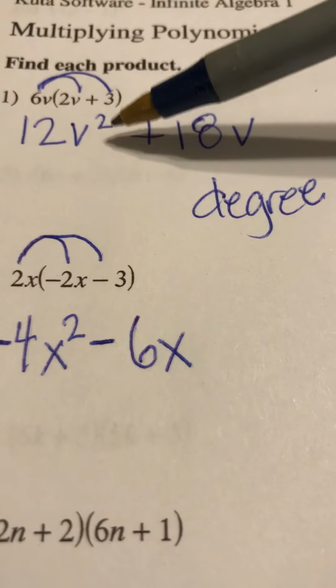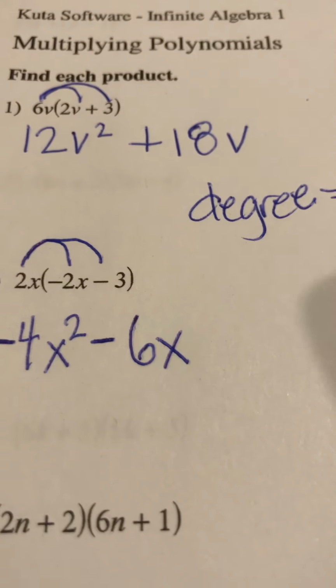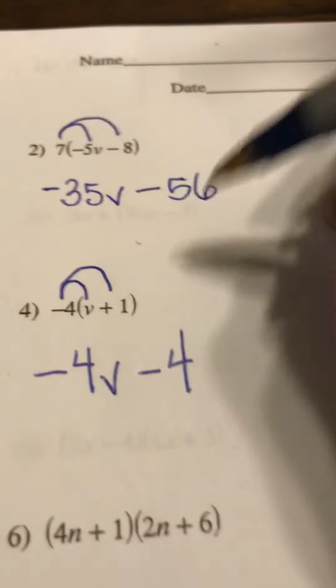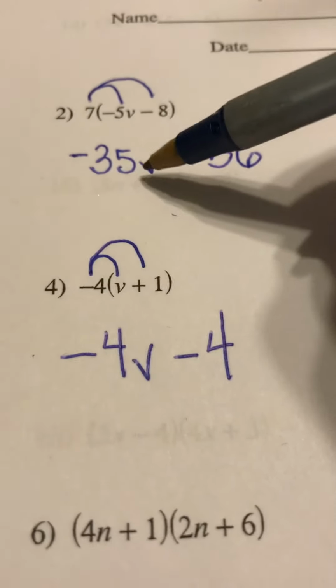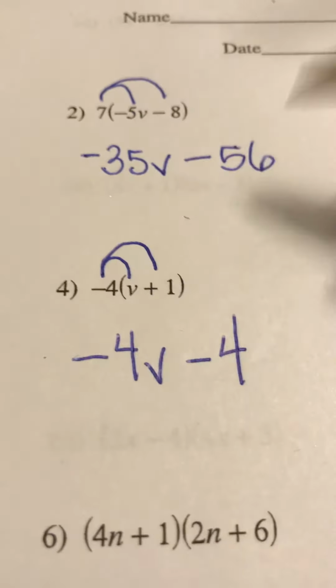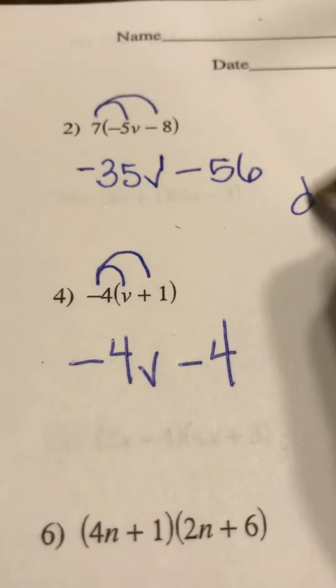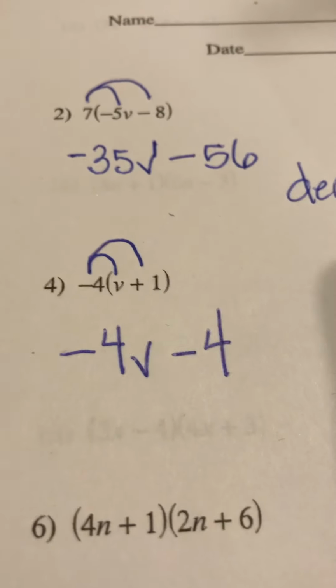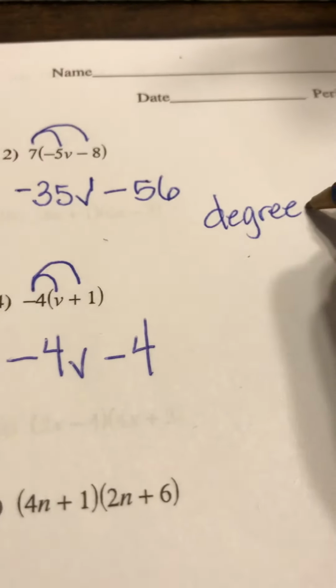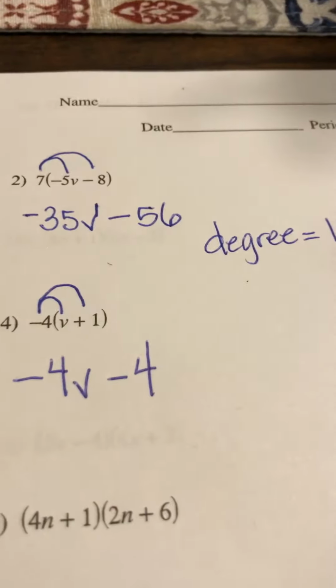So this is a 2, so the overall degree of this polynomial is 2. On this one, the only variable you have is v. When we don't see an exponent, we know that it's 1. Since that's the only degree, that has to be the degree of the polynomial, so it's going to be 1.